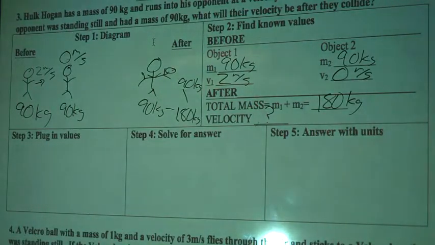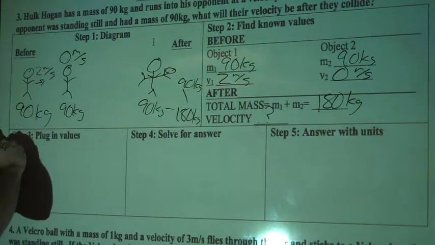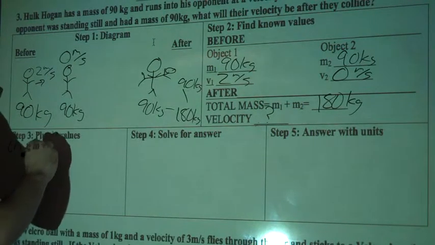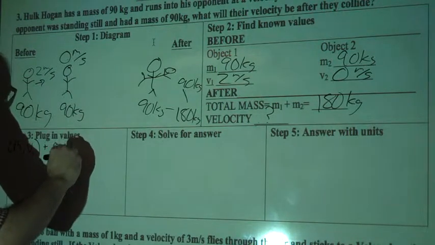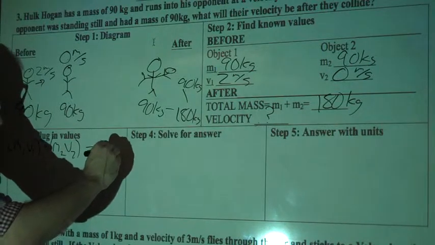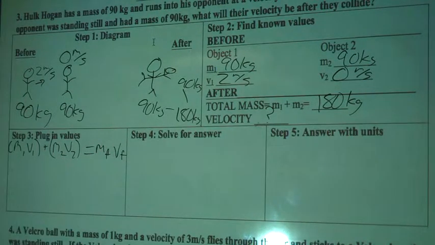So let's plug it in. You should be copying this down on your paper while I'm doing it. Alright, so M1 V1 plus M2 V2 equals MF and VF.